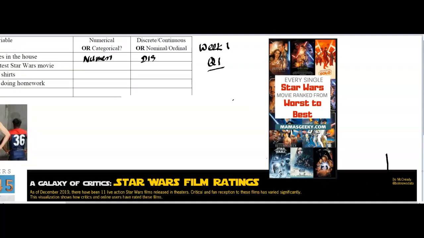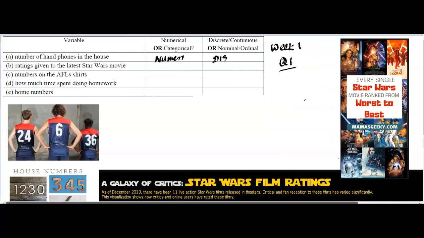So for this Star Wars question, I cannot give you an exact answer because it depends on how you collect data. Say, if you think, okay, every single Star Wars movie here is ranked from worst to best, then in that case, it is categorical and ordinal because there's an order, worst to best.